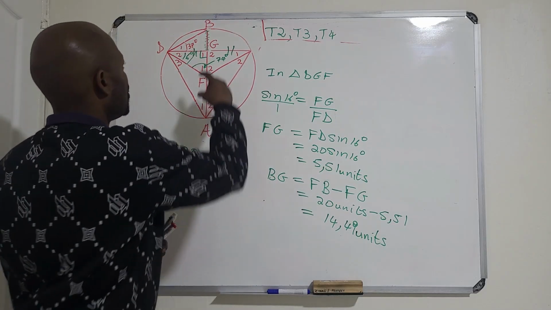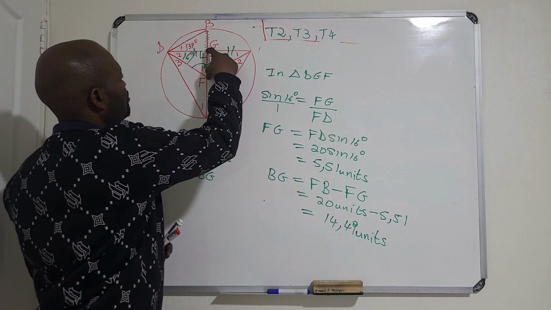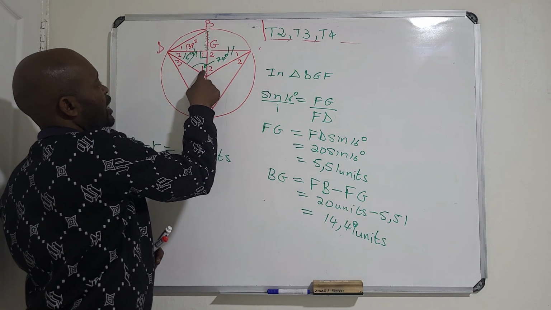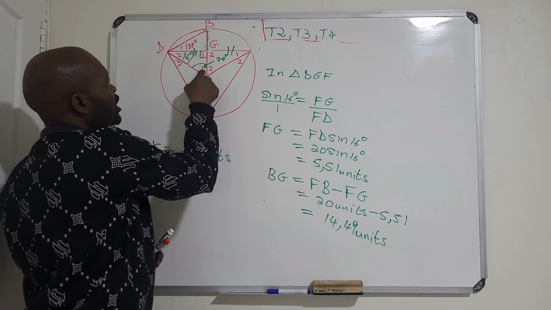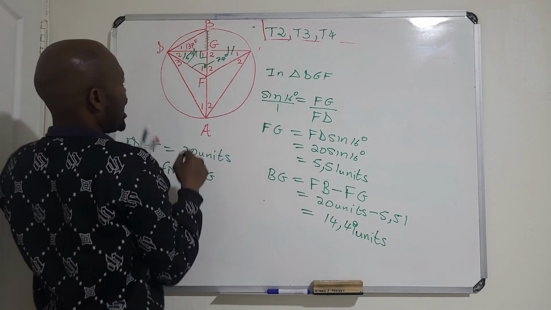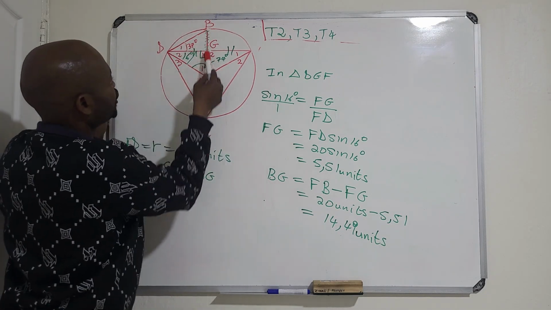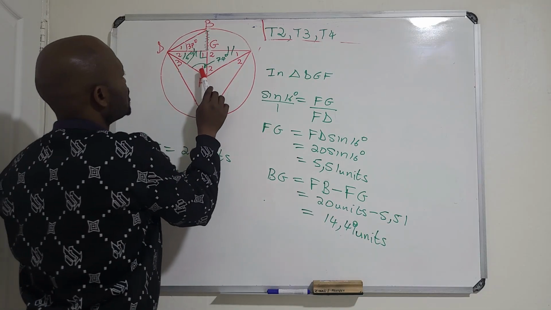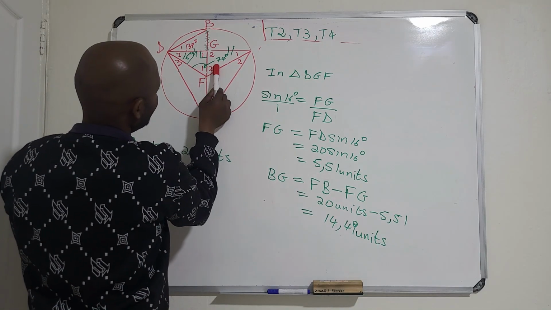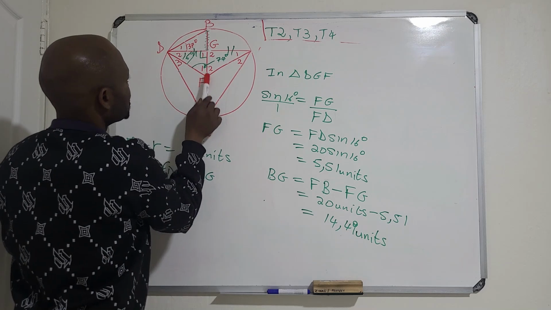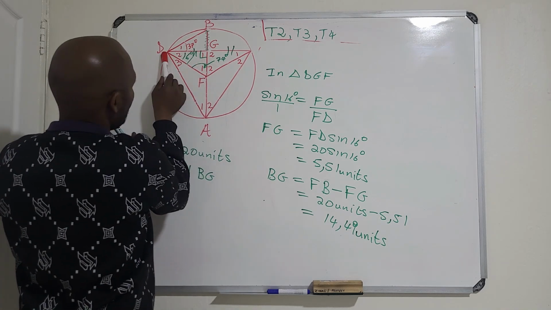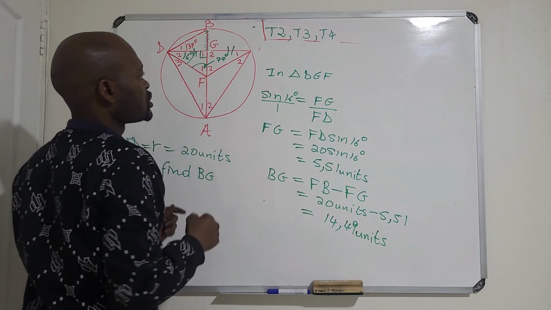If we wanted, we could have found this by using this angle here, for us to find this length FG. Then we're going to use adjacent over hypotenuse, and adjacent over hypotenuse is cos.